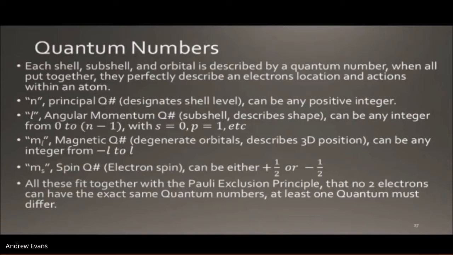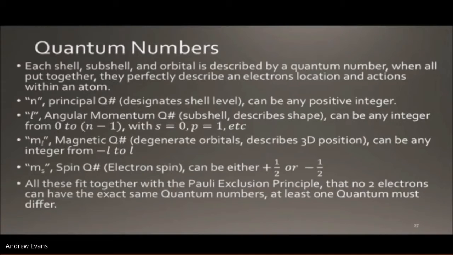Now, the next one, the angular momentum quantum number l, was describing the shape. This was any integer ranging from 0 to n minus 1, meaning that as we went down in rows, from row 1 to row 2, more shapes, more subshells became available to us.